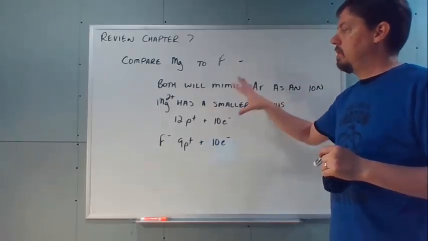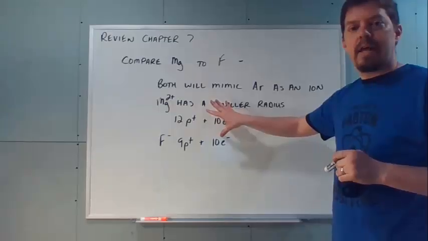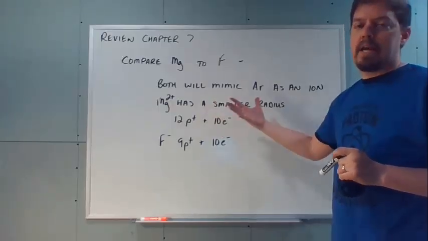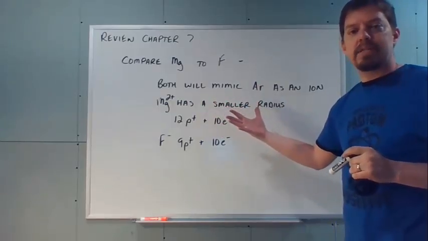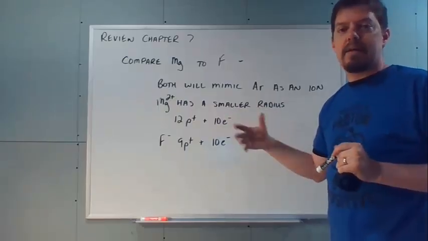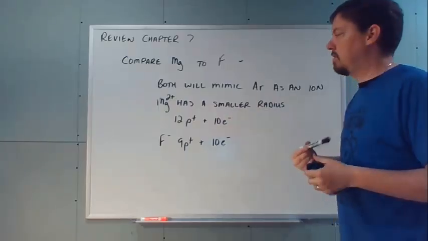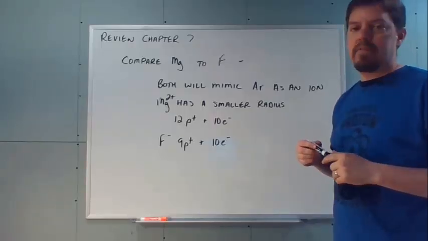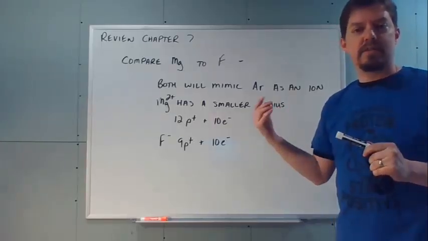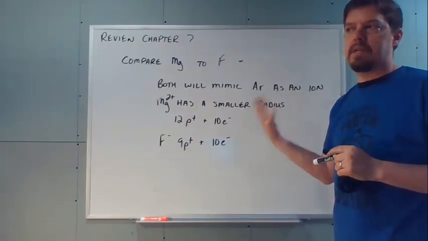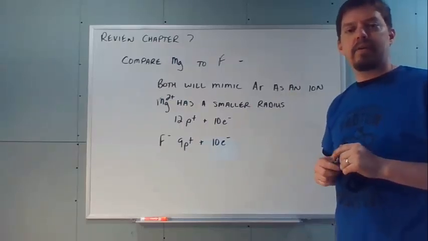And so you want to be able to tie that in with atomic theory. That's a very likely relationship that they're going to look for, to tie atomic theory and periodic trends in with the size of your ions and the strength of your ionic compounds, and therefore their likelihood to be soluble or not.